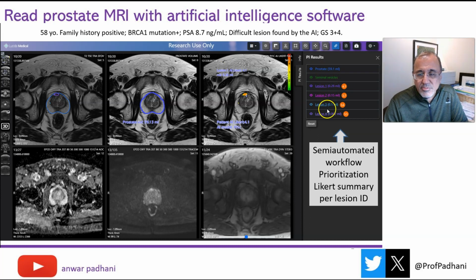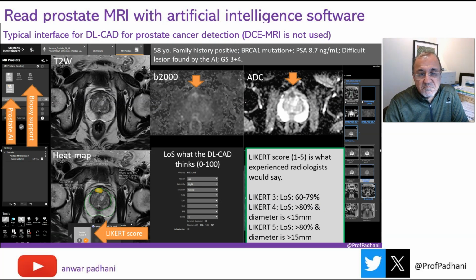You can see it's given me in fact 4 lesions, only one of which is a true lesion, which is this lesion here, which is given a suspicion of 4.1. You can see that this is a semi-automated, prioritized work list of what are the possible lesions that I need to look at.